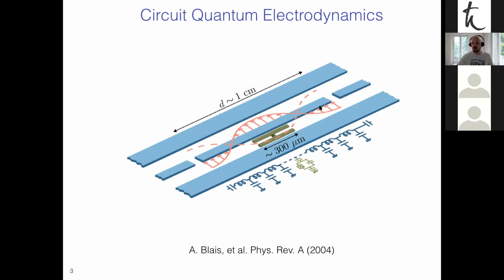Obviously I've been working in this field for many years, so I'm not very objective, but I think this was really a great idea, and it opened many perspectives. Putting a qubit in a resonator, no doubt it was a very powerful idea.